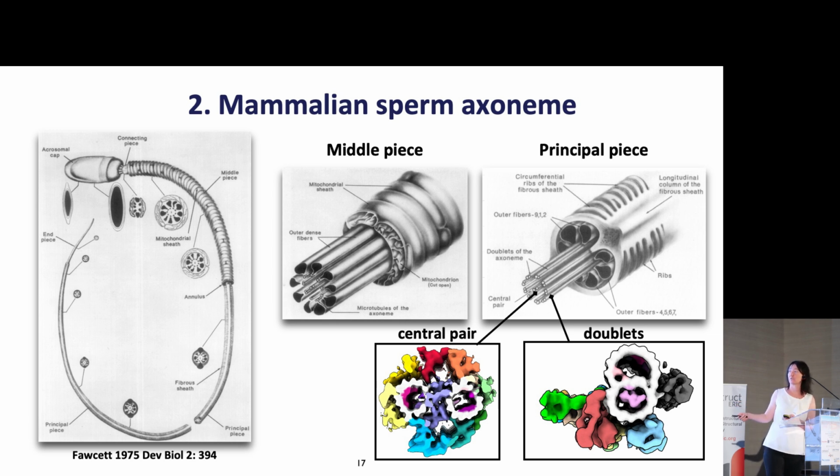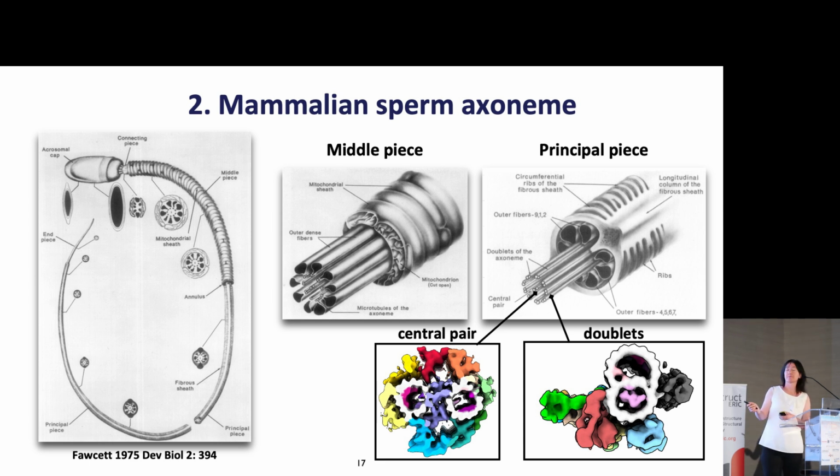You just have the axoneme running all along the tail. But in this case, you can see in this drawing some of the data that I also showed you: the mitochondria around this axoneme, and the outer dense fibers and the fibrous sheath that are around.